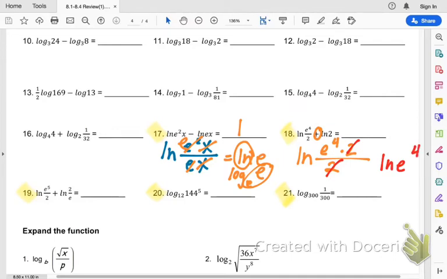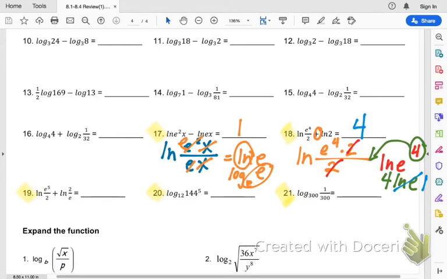And by the properties of logs, I know if I have an exponent, then that exponent is able to jump out front, which would leave me with 4 natural log of e. And from the last example, we did just decide that natural log of e is just 1. So then my answer would be 4 times 1, which is just 4.